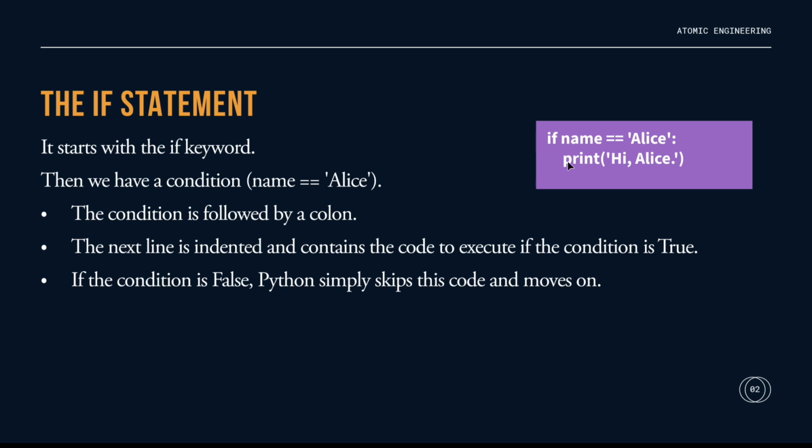We should have a tab space before we write anything under the if statement, and this print will be executed only when this condition is evaluated to true. In case the condition is false, Python will just skip this code and go to the next set of instructions. So, clear? Let's try to work it out.